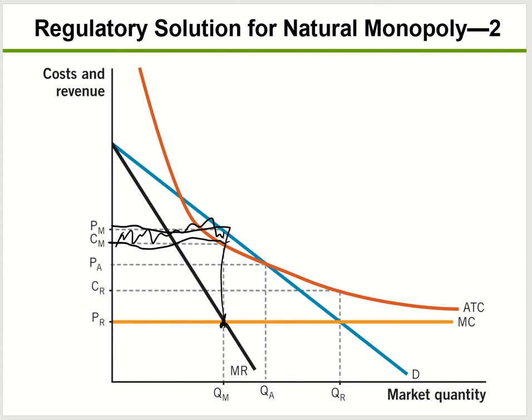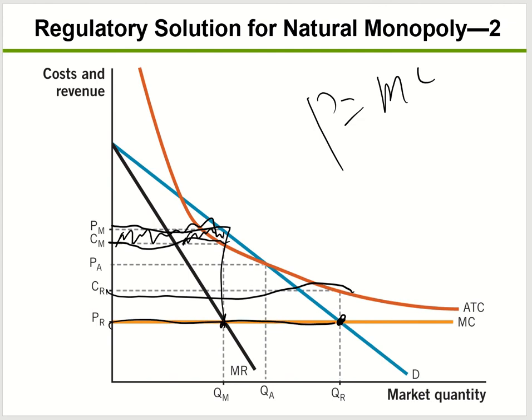But if you have a regulated monopoly and you say, hey, for this company, we're going to force you to produce where the price is equal to marginal cost, then this company will produce way more than before. At a higher production level, this is more efficient. There's no deadweight loss, but for this company, the cost is right here, the price is right here, and they have an area that's a loss.